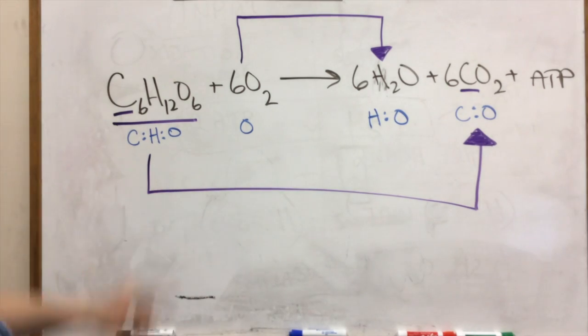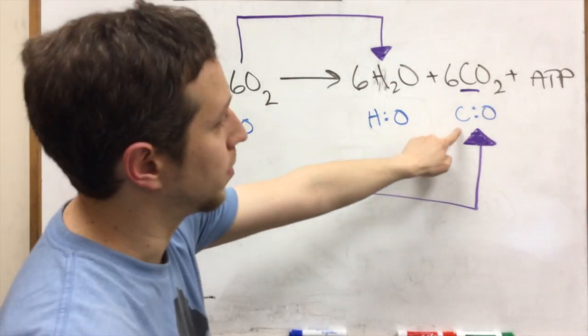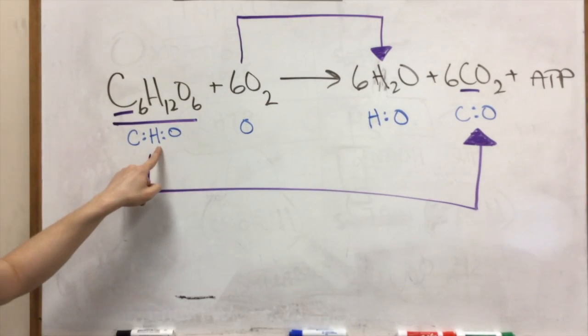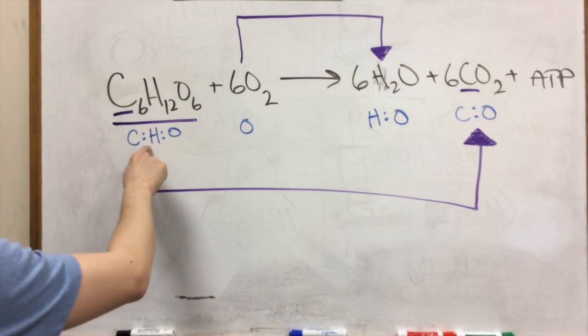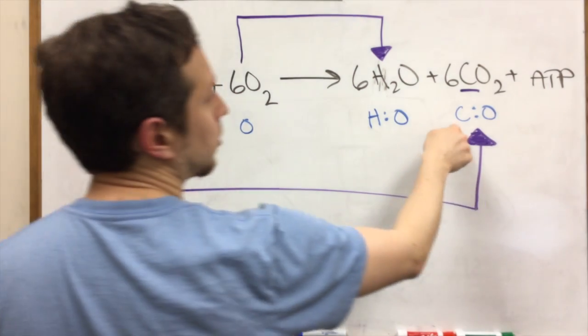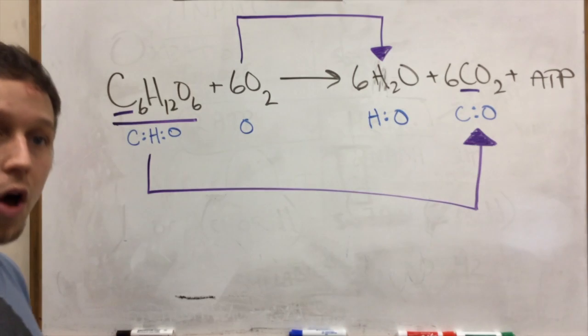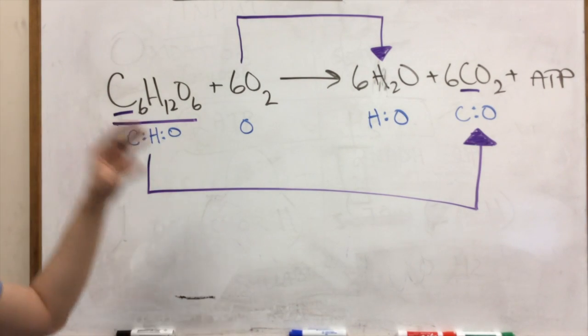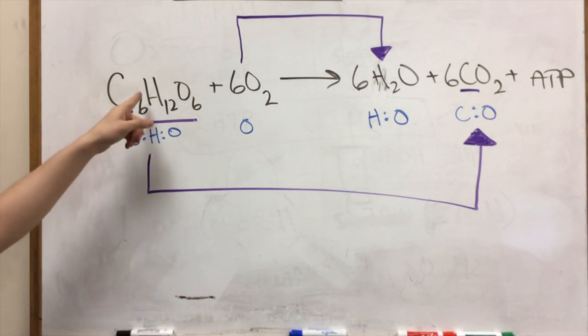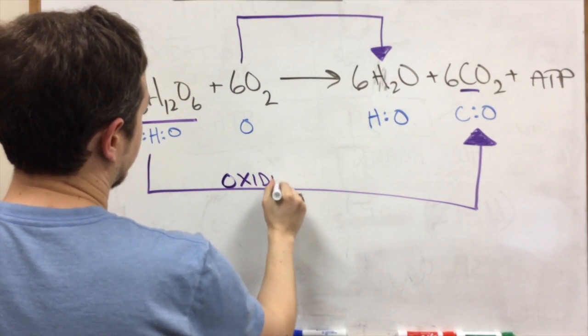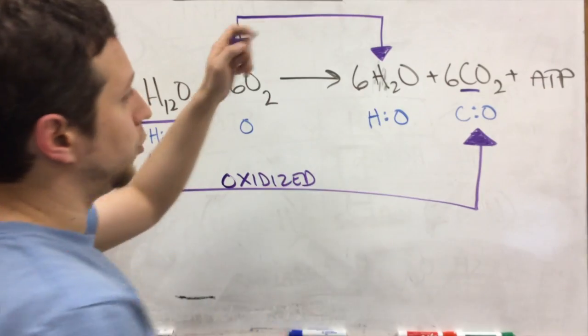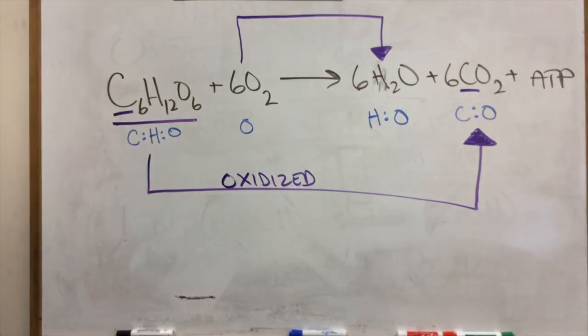So now that we've identified that, let's go ahead and now figure out what's being reduced and what's being oxidized. So, glucose, as it goes to carbon dioxide, is it gaining or losing hydrogens? Well, we can see we start with C's, H's, and O's, but then we just go to C's and O's. So it lost hydrogen, and remember, oxidation is loss, so glucose is oxidized to carbon dioxide.